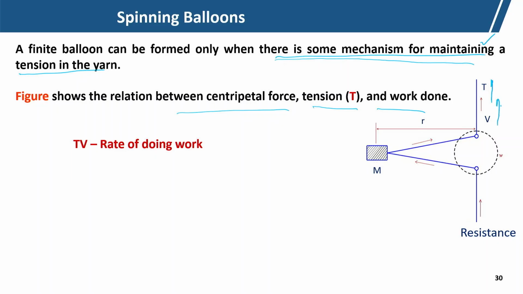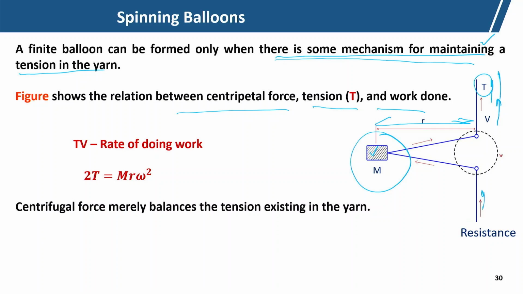V is the velocity, that is the yarn winding speed, and T is the yarn tension. The work done will be the speed of the force into displacement, T V per unit time, and on this side also 2 T, that means twice of T will be this force. M is the mass of yarn present, R is the radius of the balloon and omega is the traveller speed.